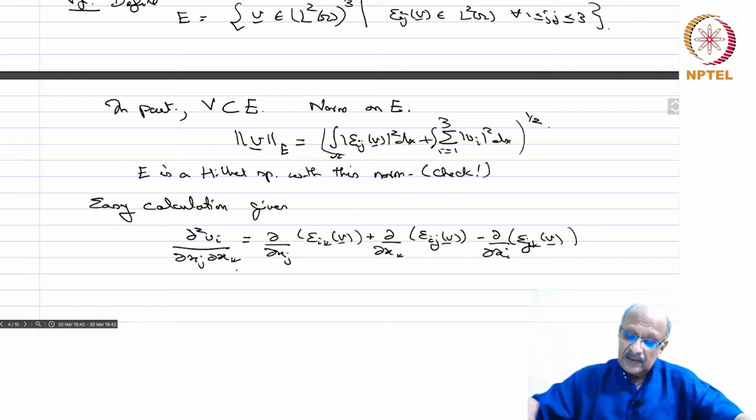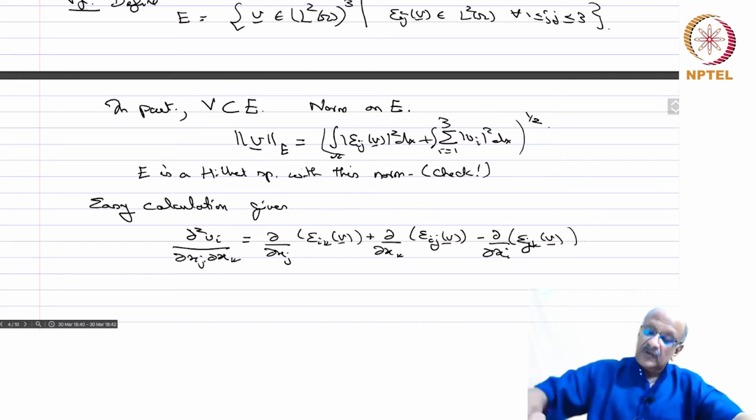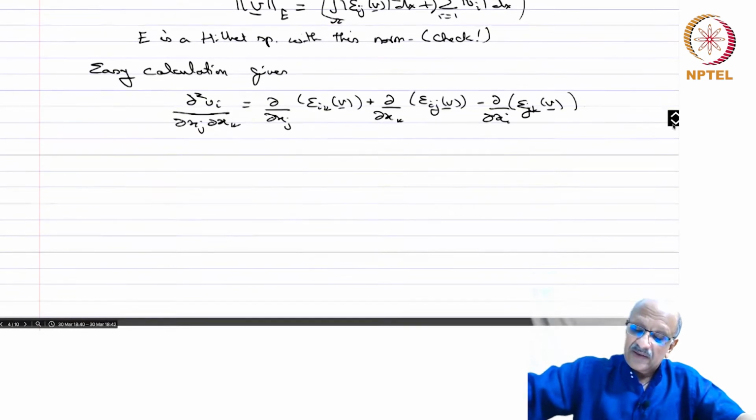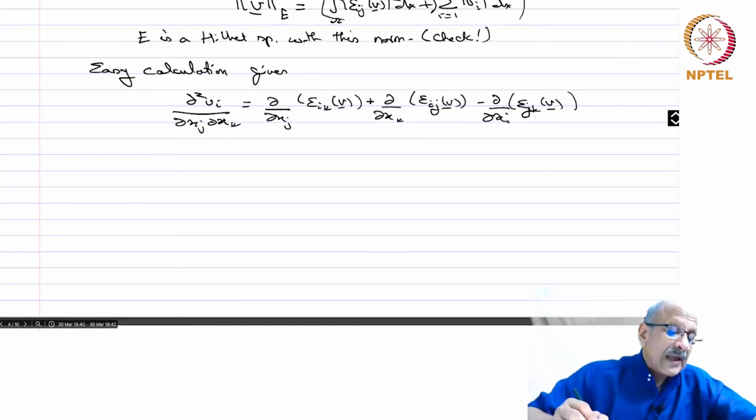So this is just algebra. You just have to write out, expand this, then take d by dx, and many things will get cancelled and you will end up with just d2vi by dxj dxk. This is a very straightforward calculation.